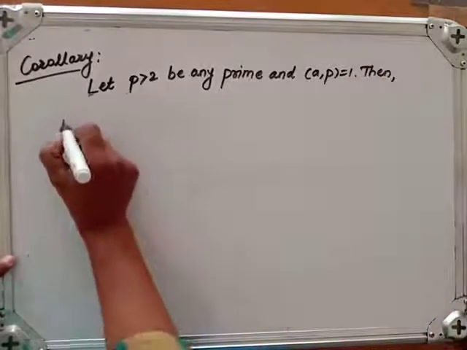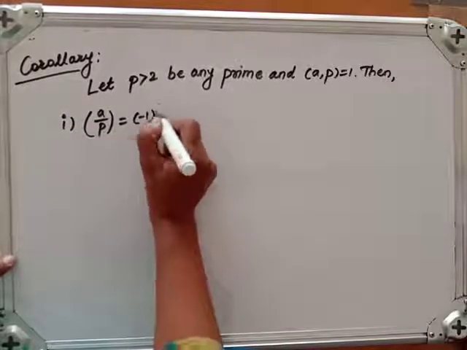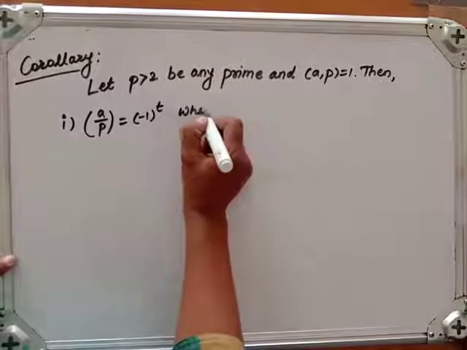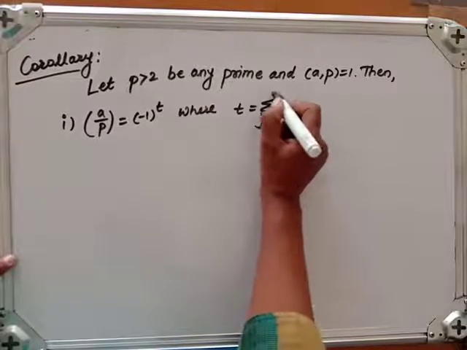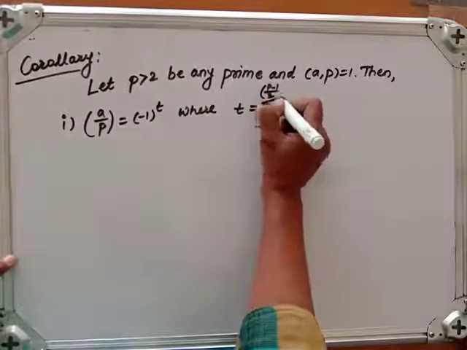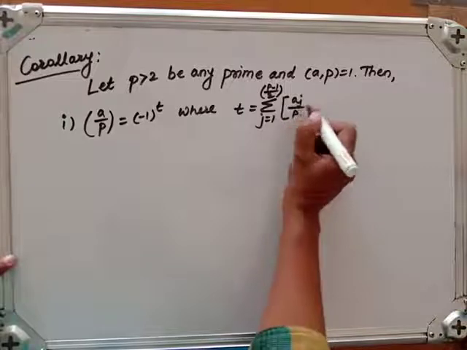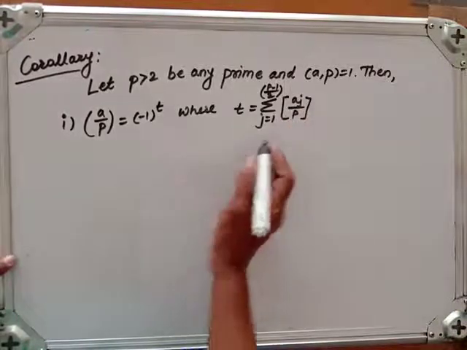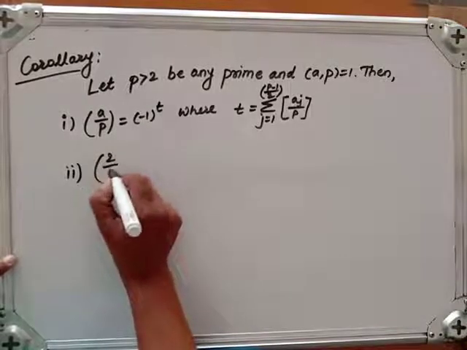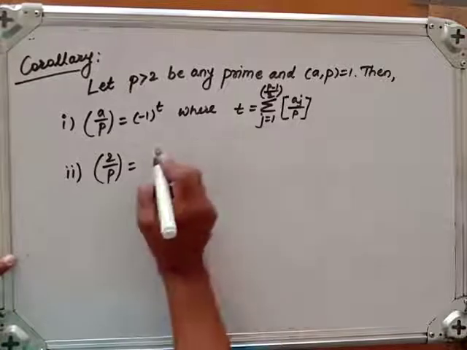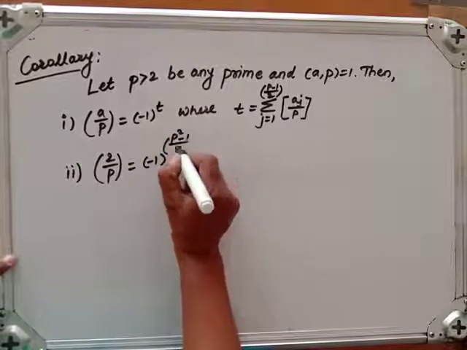Then first, the Legendre symbol (a/p) is equal to (−1)^T, where T is the summation over j from 1 to (p−1)/2 of the floor of (a·j/p). Okay, the greatest integer function is this. And the second part: the Legendre symbol of (2/p) is (−1)^((p²−1)/8).